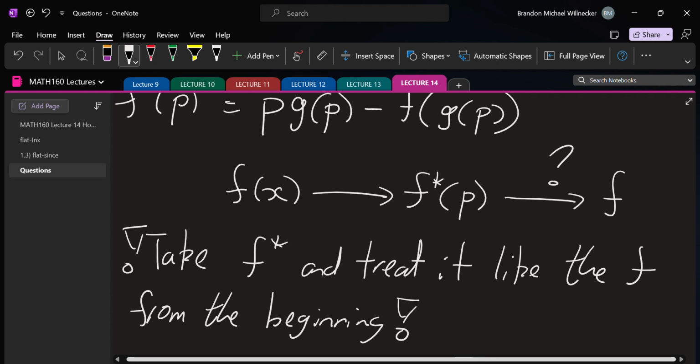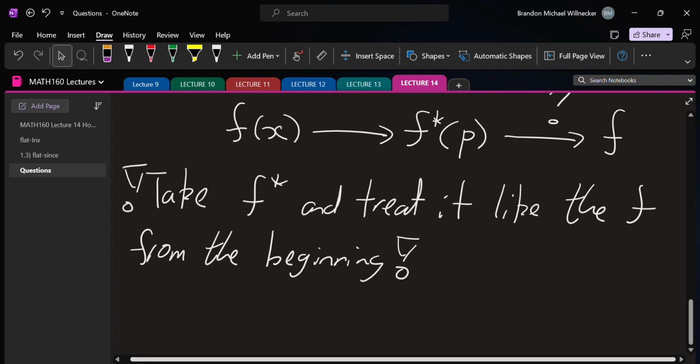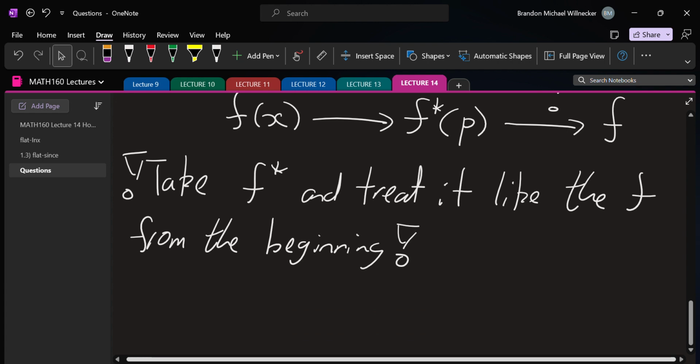In other words, we do this procedure again, but not with f, but with f star. And then we get f star star. Okay, so how do we get f star star? Again, we just use the definition. So f star star at q, we need another variable.